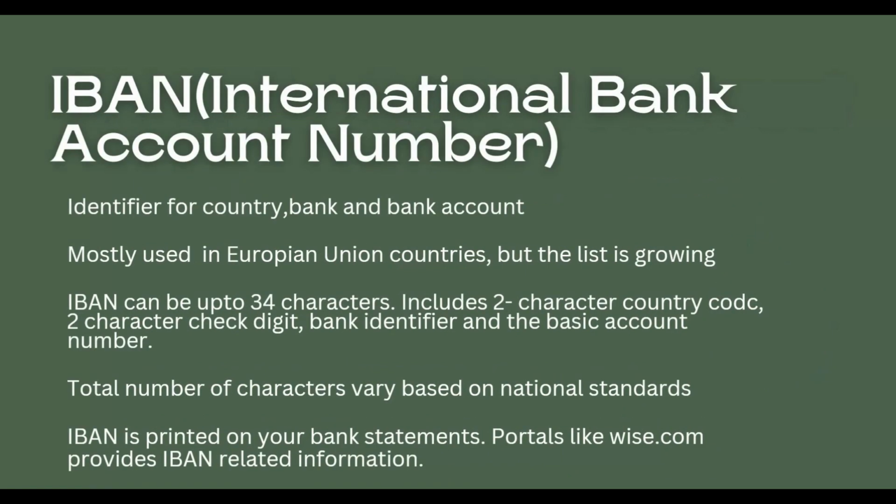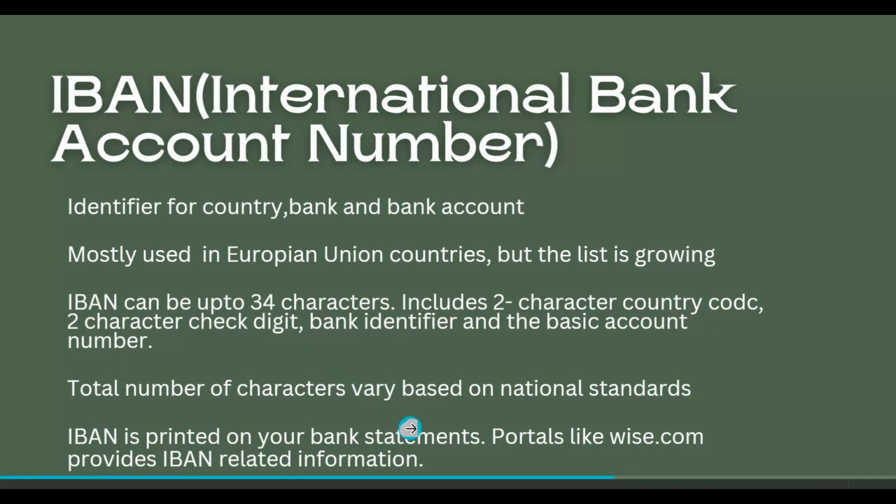Now let's discuss IBAN or International Bank Account Number. It's used in the European Union and some other countries registered for IBAN. IBAN can be up to 34 characters. It includes a 2-character country code, 2-character check digits, bank identifier and basic account number.